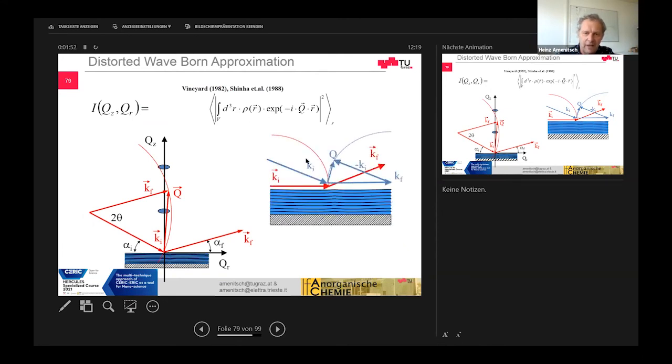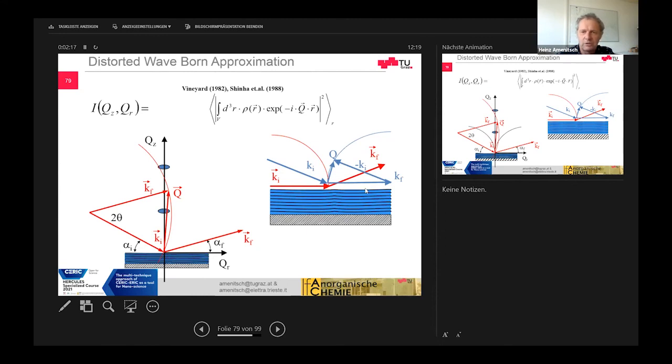But then you have the fact that you have a certain geometry. You cannot go with the incident beam through the sample. Usually you cannot have the scattered beam going through the sample. The maximum is either going parallel to the surface for the incoming or exit scattered beam.